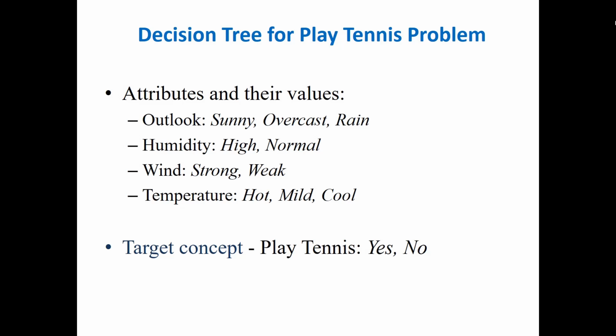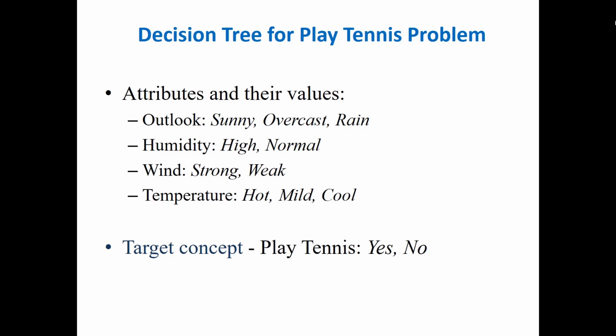Which particular node will be a parent node, how the nodes should be split and how to reach up to the leaf node, that is the important task in decision tree. We have to do this with the help of two important parameters, that is entropy and information gain. The formulas of entropy and information gain were already discussed in the last video.